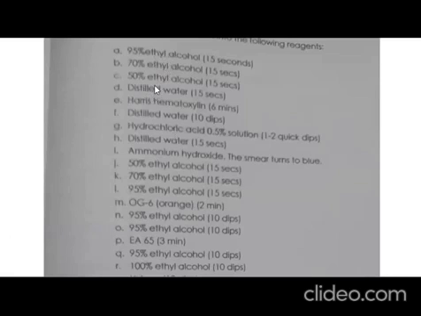Or rather, it's not rehydrate, it's hydrate first, because you haven't hydrated earlier. So you're going first to hydrate the cells. That's why you'll notice decreasing grades of alcohol. So, you're going to hydrate.